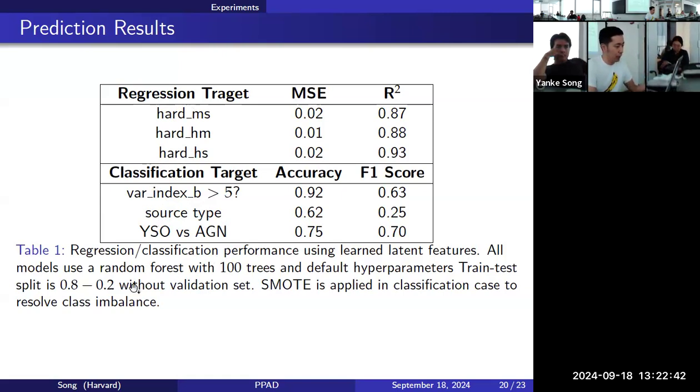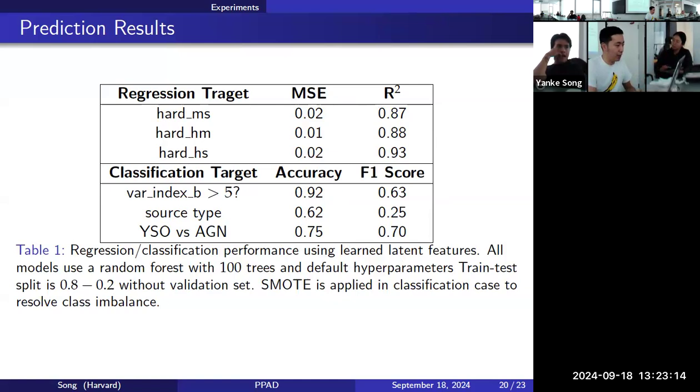I'm doing an 80%, 20% train test split. I'm not doing any cross-validation, just a single run, and these results are the test results. So it's actually quite good. If you compare these classification accuracies with those earlier papers where they use hand-designed features and tune their classifiers a lot, I'm not tuning anything, and these are actually comparable results.